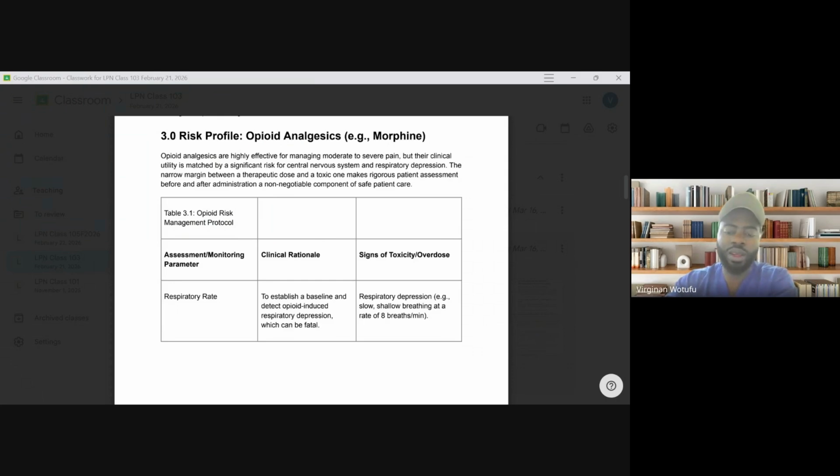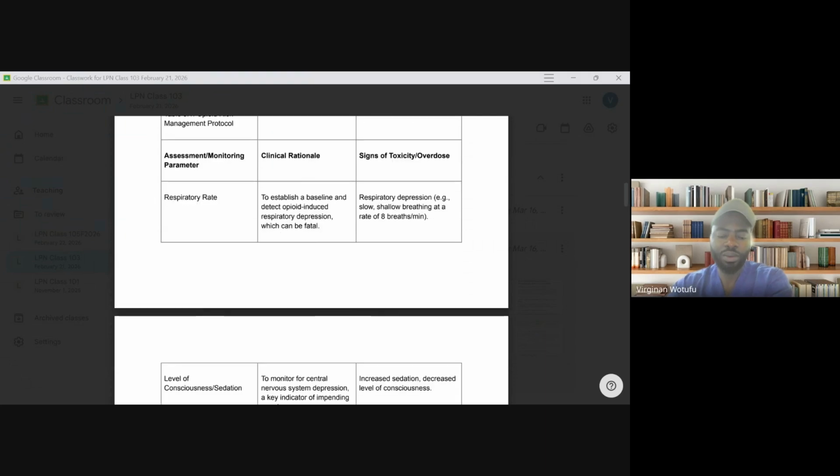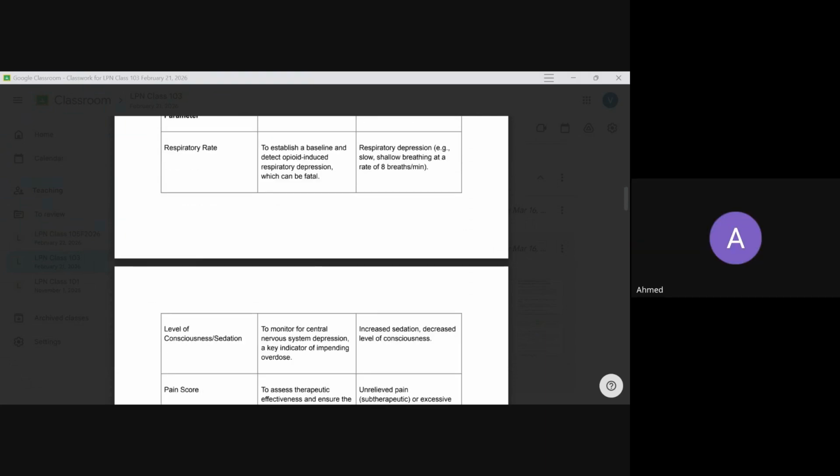So in case of toxicity, you notify the provider and prepare for administration of the antidote, naloxone, right? Naloxone or Narcan, the antidote for opioid analgesics.